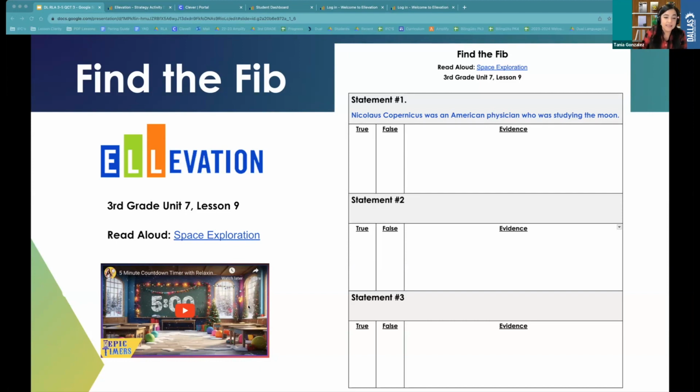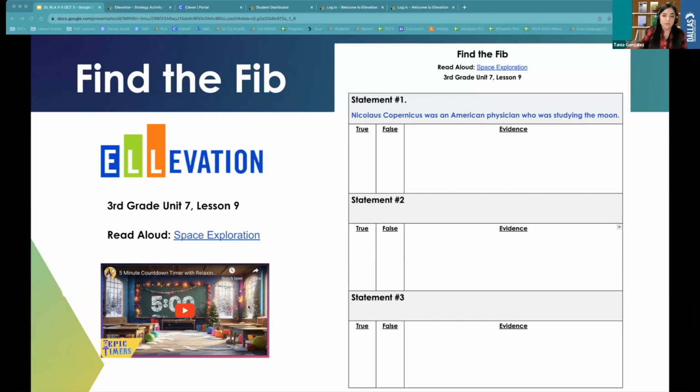Because if they don't have the text, it's a little bit hard for them to remember or to write the correct evidence. But if you give the text to them, maybe just for this activity, they can engage a little bit more and be able to find the evidence.